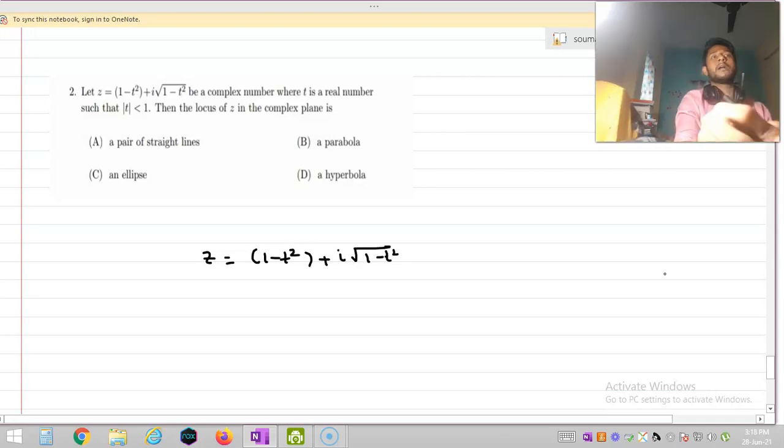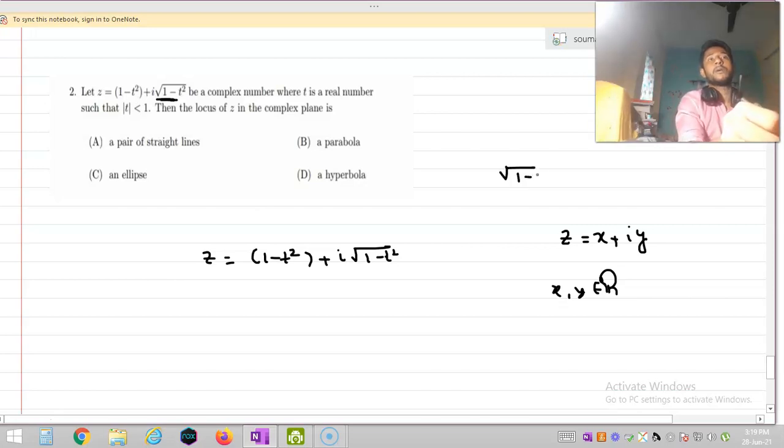Now we know that if z = x + iy is any complex number, where x is the real part and y is the imaginary part, then x and y are both real numbers.